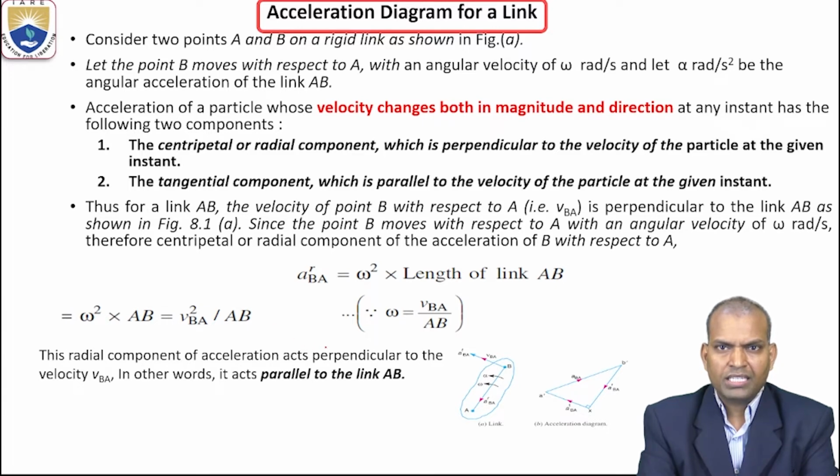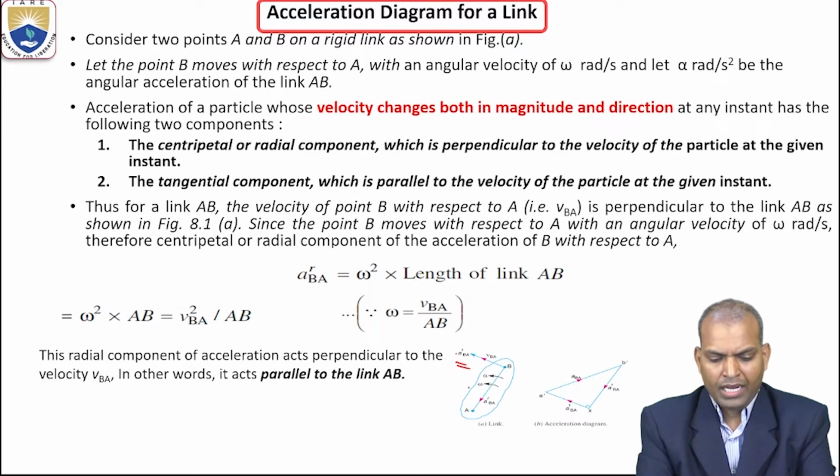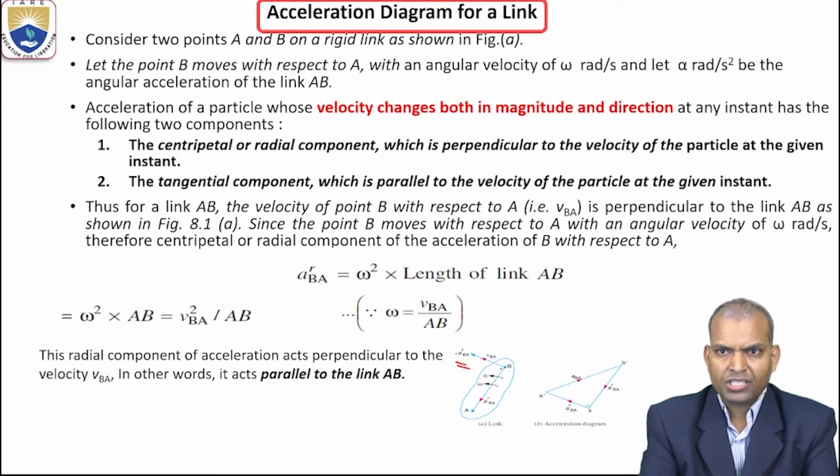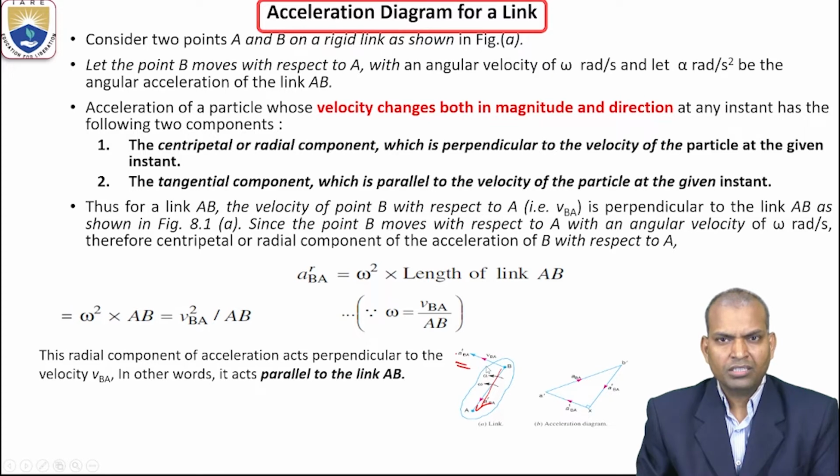We are considering in this figure different points. There are 2 points on the link. As we have studied in the case of velocity, this is a tangential acceleration, and radial acceleration acts along the link.